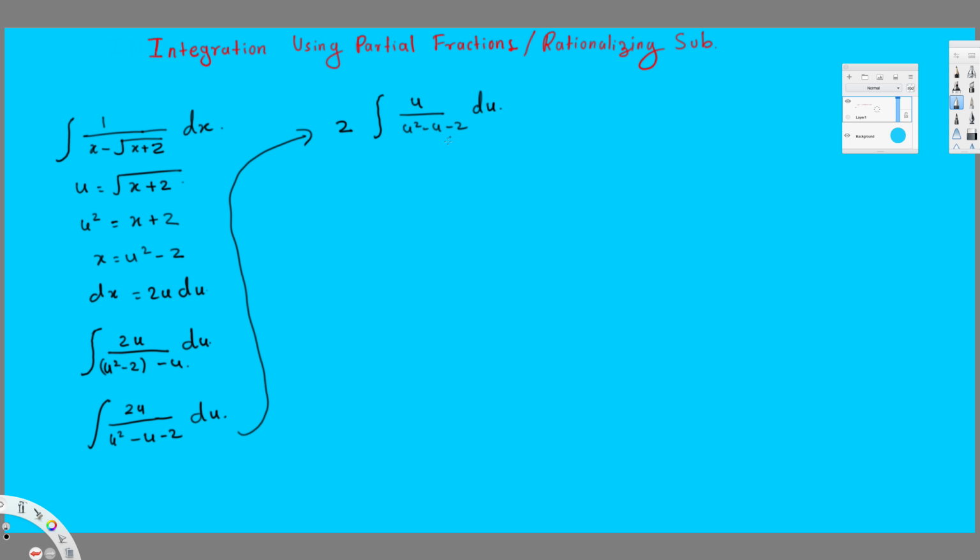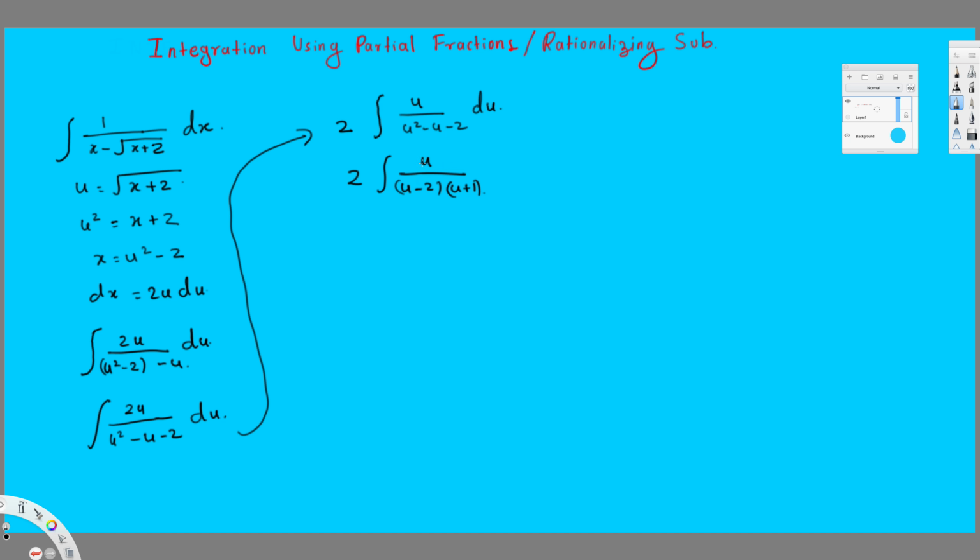In this case, we can factor it. So let's factor this first. 2 integral of u, and if I factor this out, it comes out to be u minus 2 times u plus 1, because when we multiply we get negative 2 and when we add them, we get minus 1. So this is u minus 2 times u plus 1.